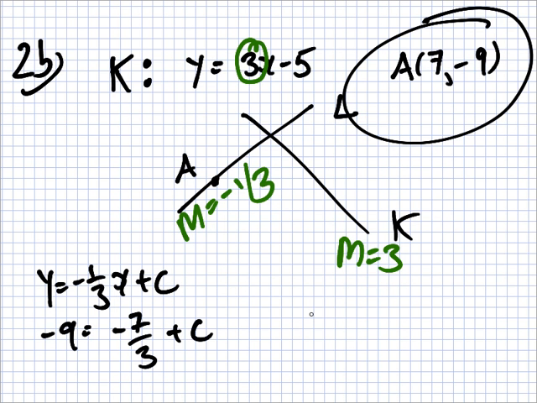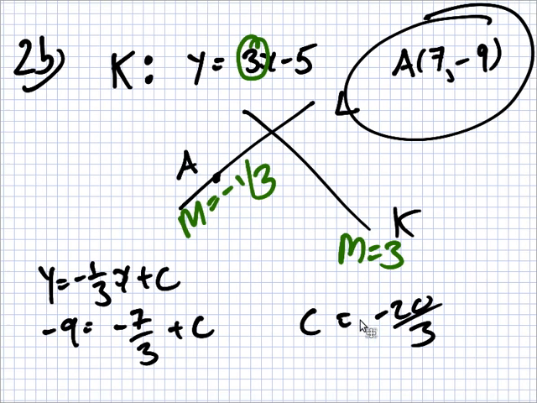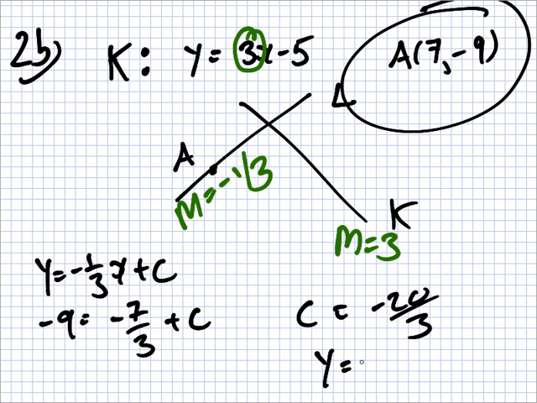So c is minus 9 plus 7 over 3. 7 over 3 minus 27 over 3, which is minus 20 over 3. So my answer is y equals minus 1 over 3x minus 20 over 3.